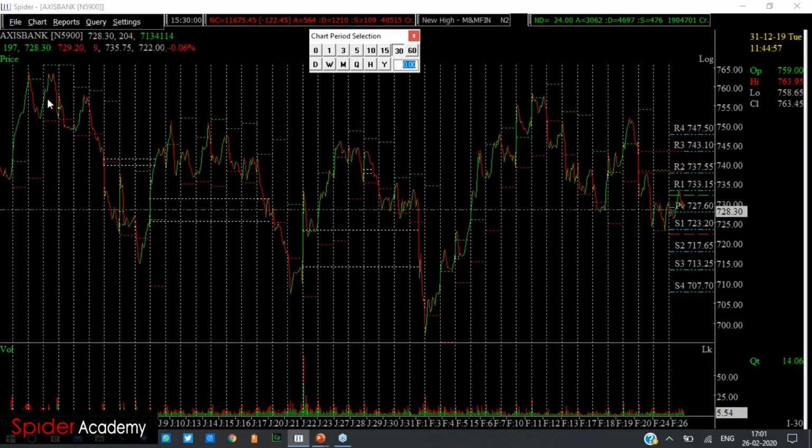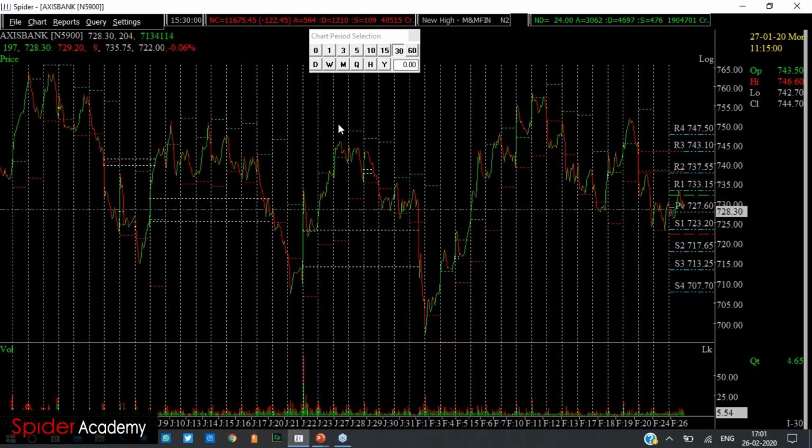The maximum number of lines that are there over here. So these have been my previous highs, and these are my previous lows. So basically I can say that these are going to be my resistance on the top. So this is one feature which helps in identifying those and taking them.